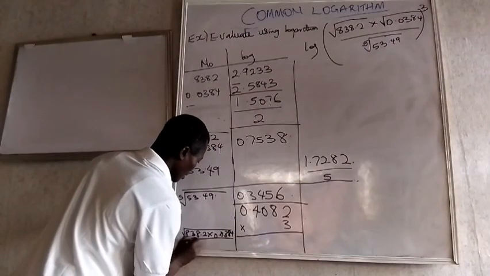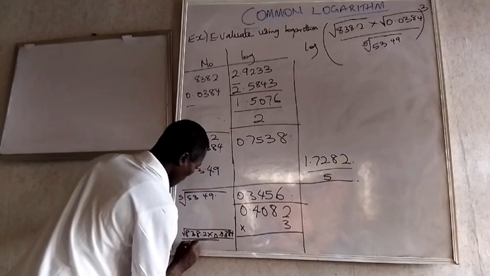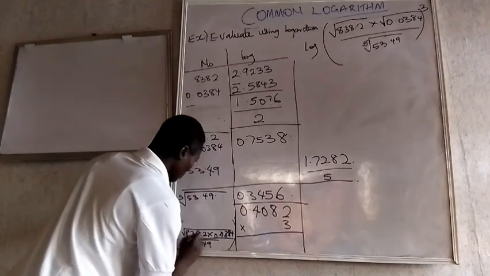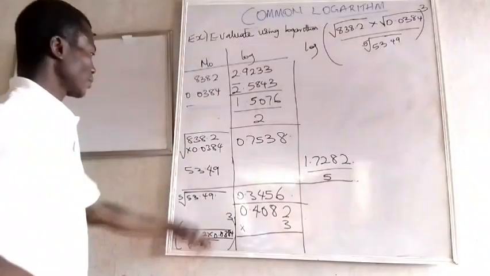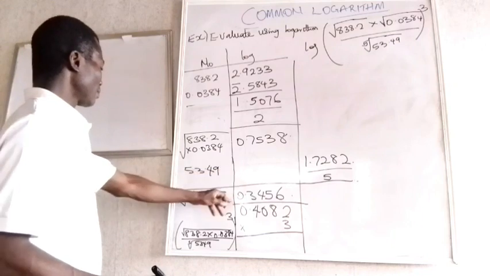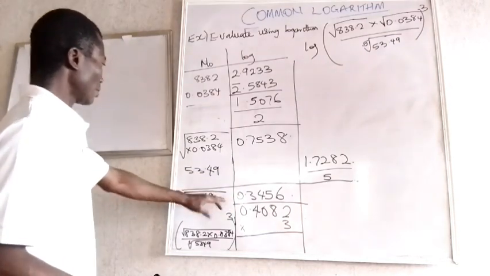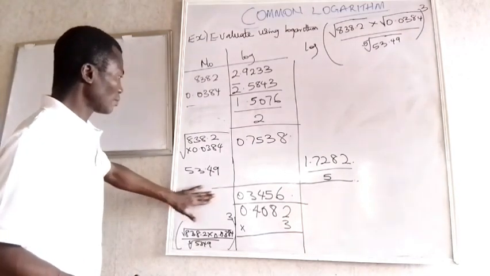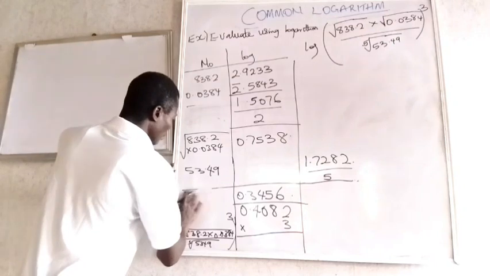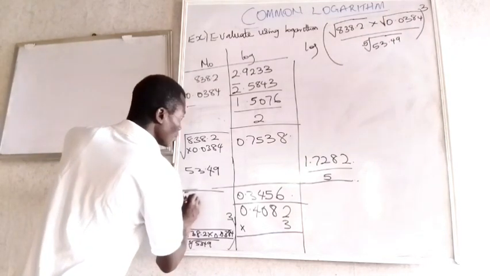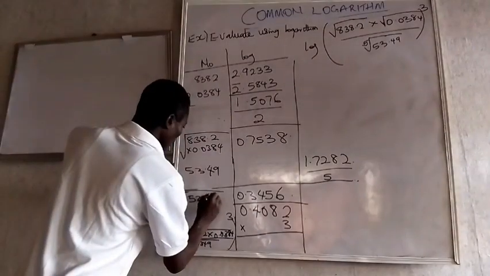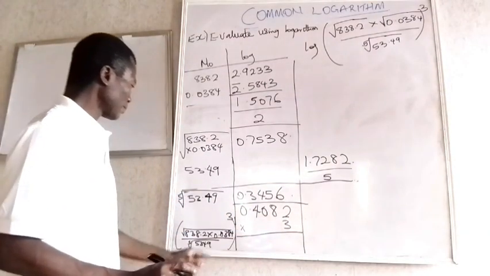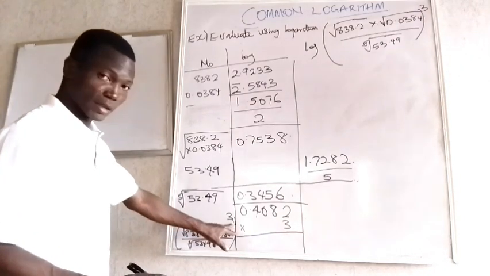The expression is the square root of 838.2 times 0.0384, divided by the fifth root of 53.49, all cubed. So we are multiplying by 3 now because we have to raise it to power 3.